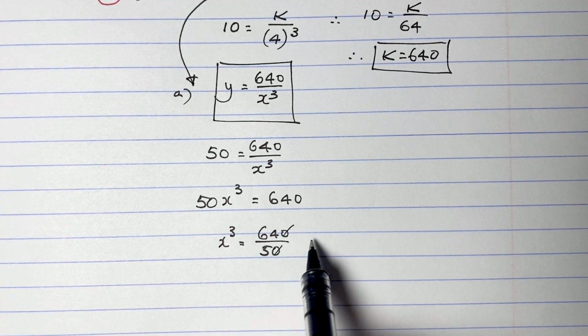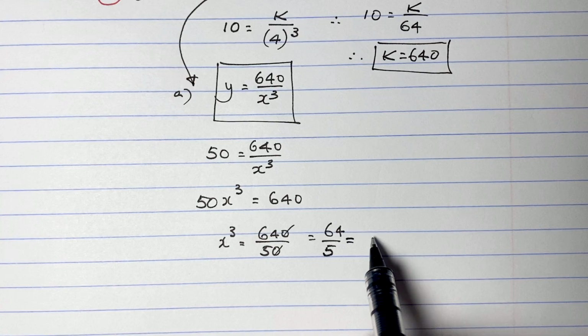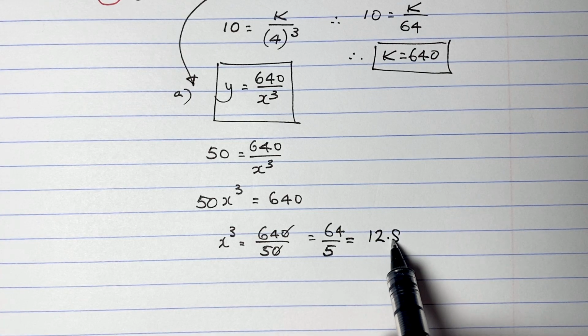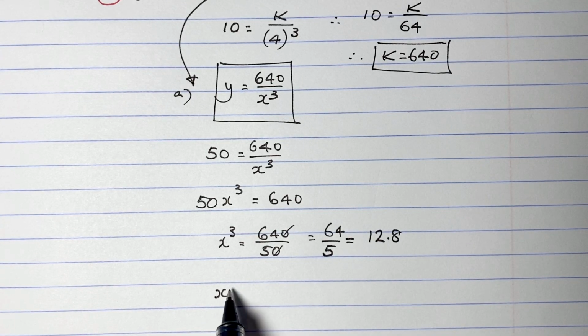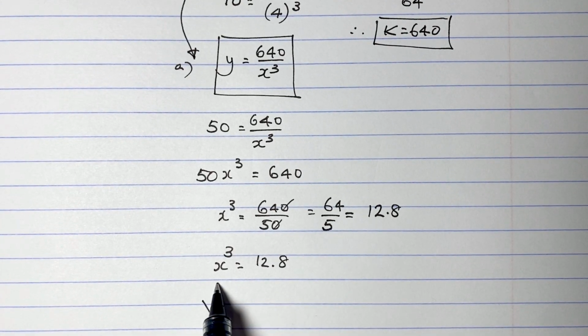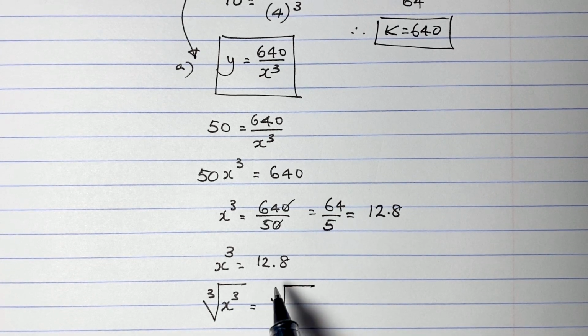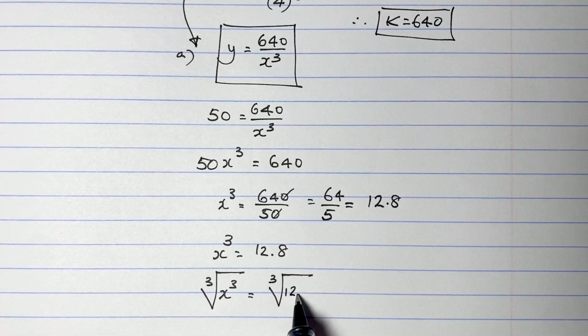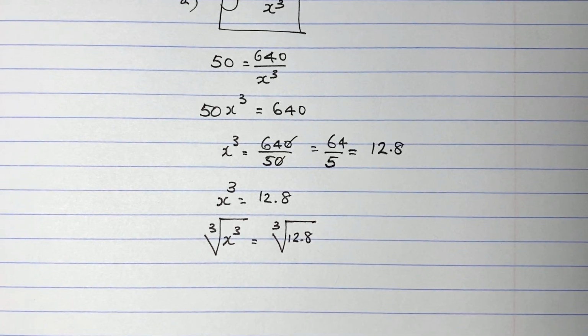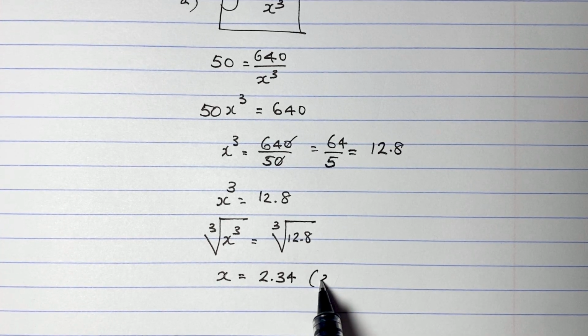Of course, this is the same as 64 over 5, which is 12.8. So x cubed equals 12.8. Find the cube root on both sides. And by taking the cube root, you'll see that x is 2.34 to 2 decimal places.